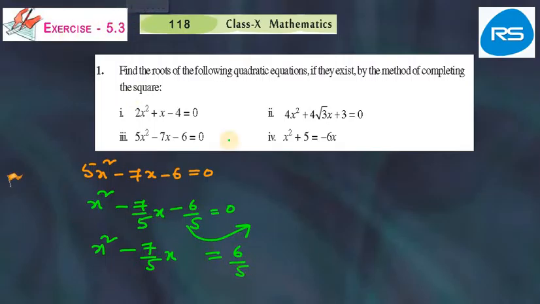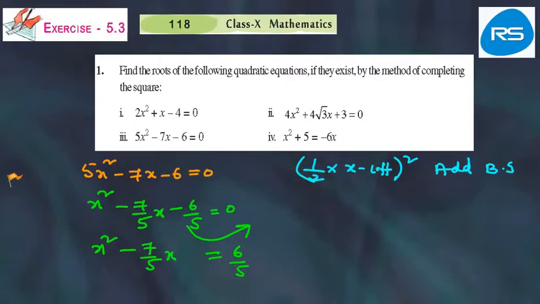So the basic thing is that we have to take half of the x coefficient whole square. Both the sides we have to add it. Add both the sides. Half of the x coefficient.